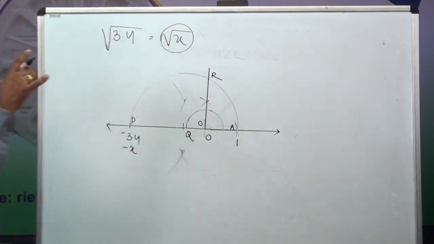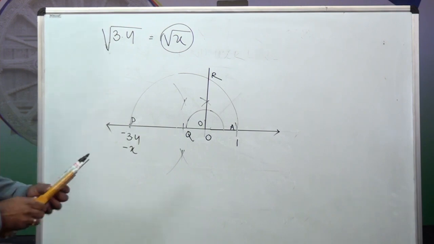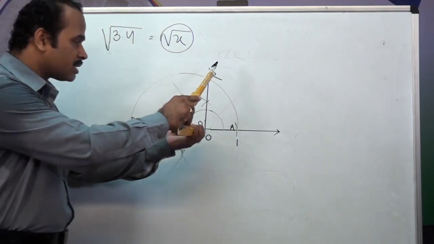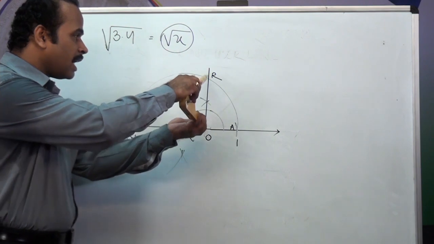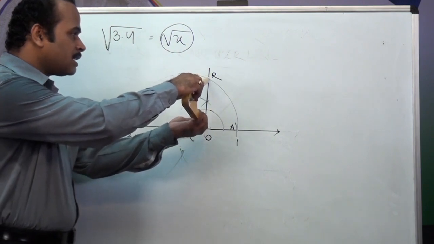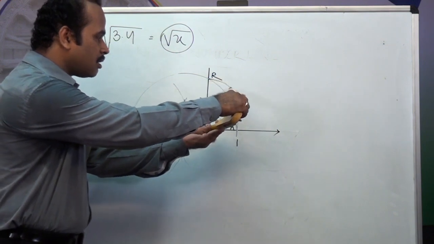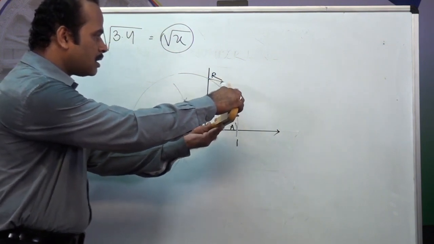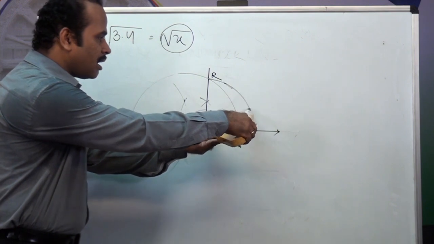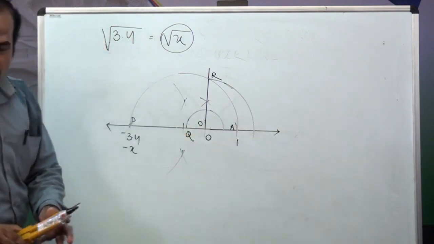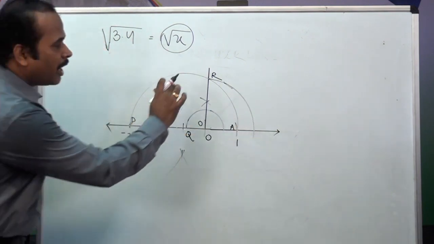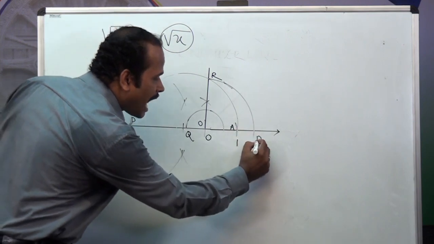Now how do we bring this OR to the number line? To bring this OR to the number line, I select O as the center and OR as the radius, then I can bring this distance to the number line. The point where it cuts, let me take as R dash.